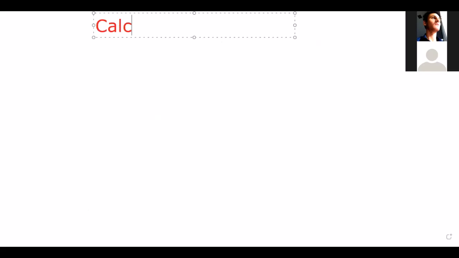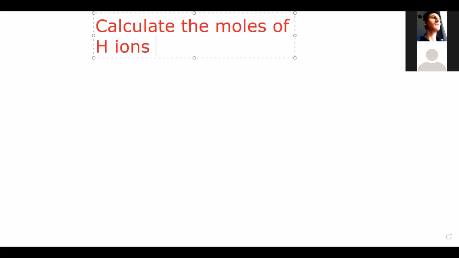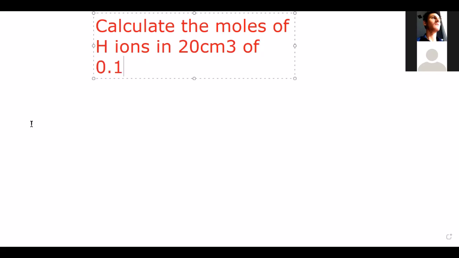The next question is calculate the moles of hydrogen ions in 20 centimeter cube of 0.1 molar sulfuric acid.